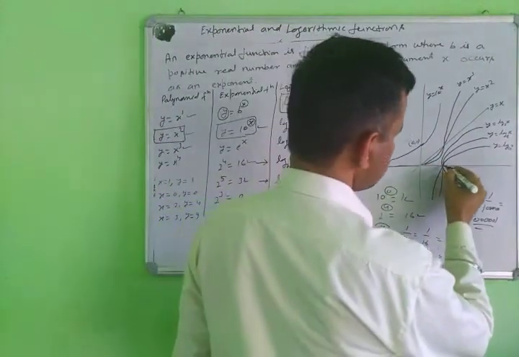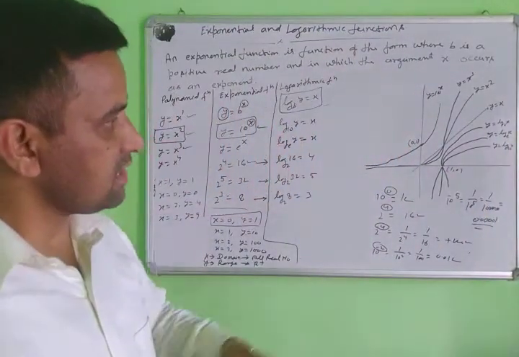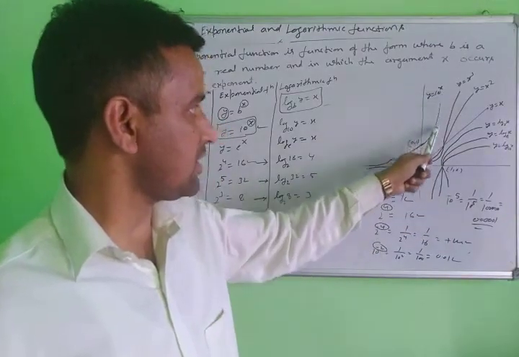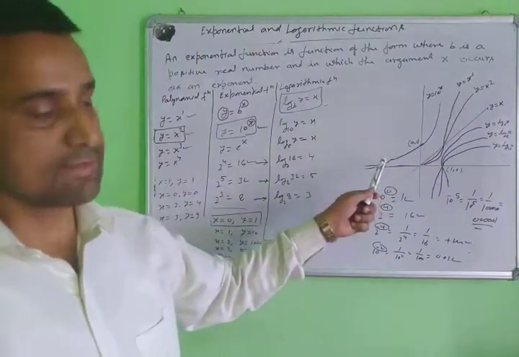This point (1, 0) always lies on the logarithmic function, while the corresponding point lies on the exponential function.